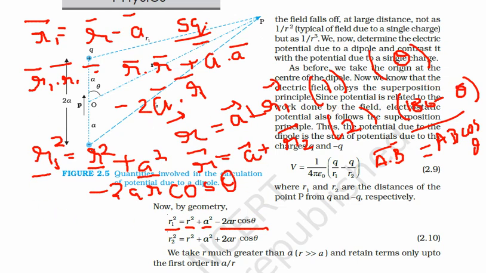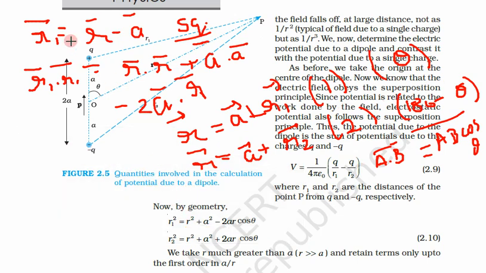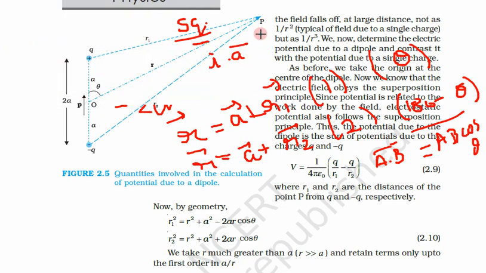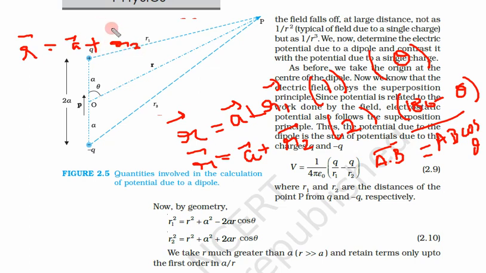Let us solve for equation number 2. Now equation 2, we have R equal to A plus R2.